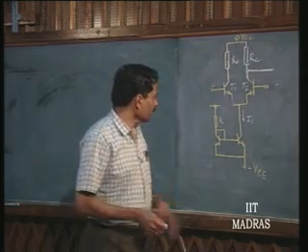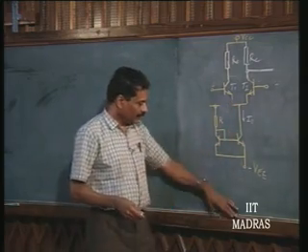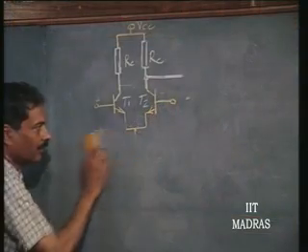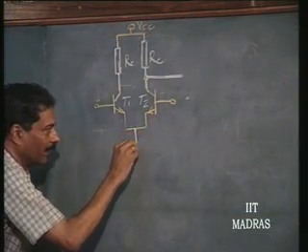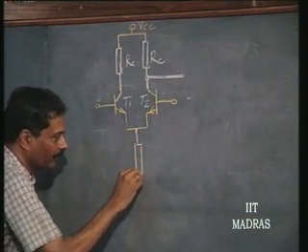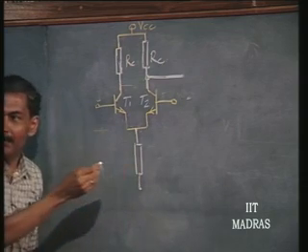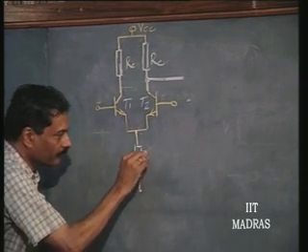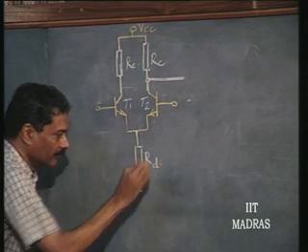Now, as far as this particular stage is concerned, we can replace this portion of the circuit by means of its dynamic impedance. The current source has a dynamic impedance, let us say RD.